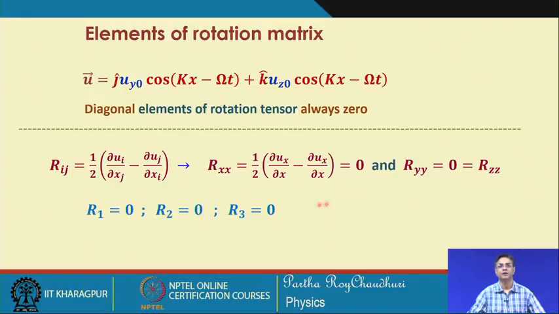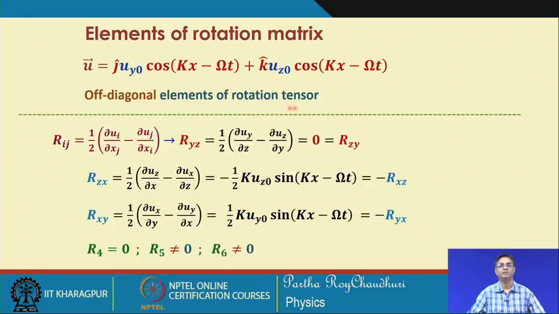And for the off diagonal elements of the rotation tensor, when both the polarizations are present, that is y and z polarized shear waves, R y z is equal to 0, because it involves displacement u z along y and displacement u y along z. But for R z x, along x there is a displacement, and along y there is a displacement with respect to x.